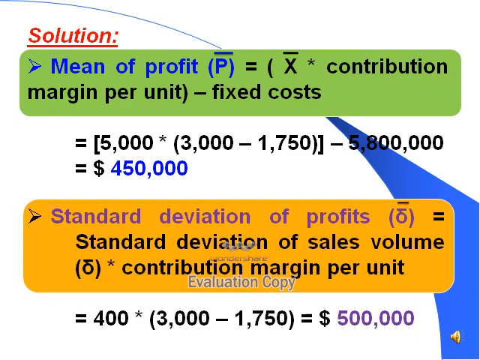So the mean of profit B bar equal 450,000.